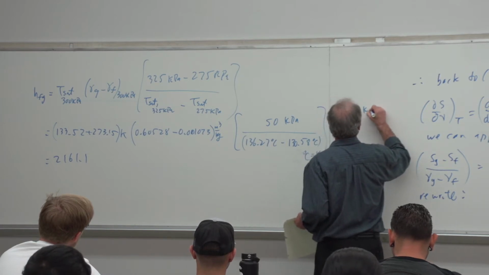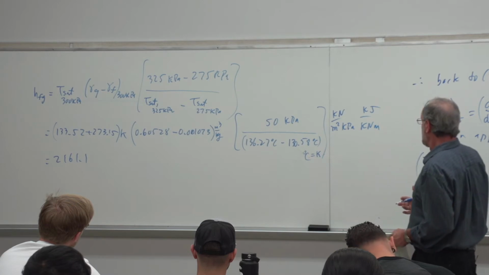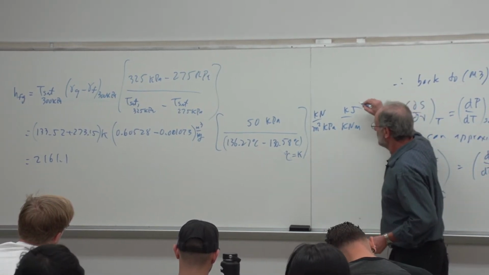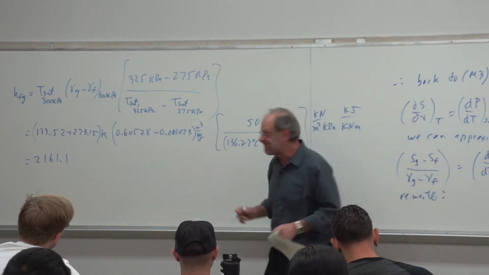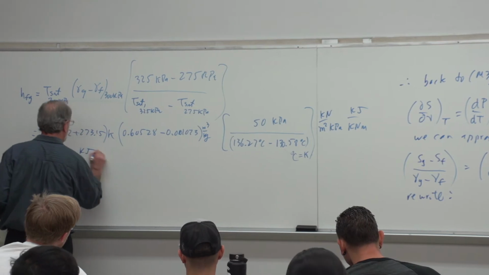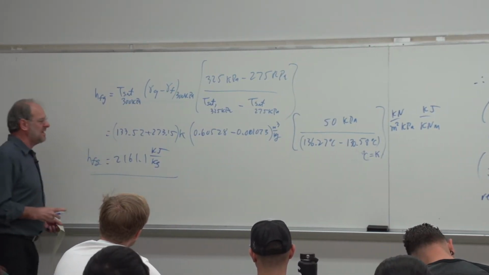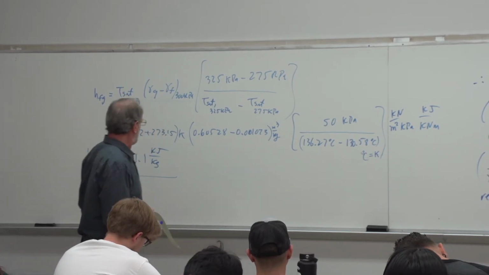We know that a kilojoule is a kilonewton meter. And now you can see that everything's just going to cancel out, and the only units that remain are kilojoules per kilogram. And this would be the solution to this problem using our bounding analysis on the Clapeyron equation.